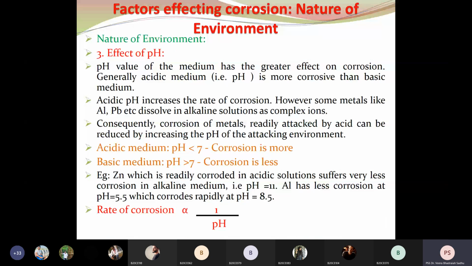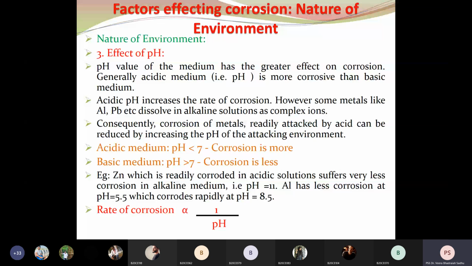So now, how do we protect these metals against corrosion? There are different types of protection methods for metals. The first one is cathodic protection. What do you mean by cathodic protection?